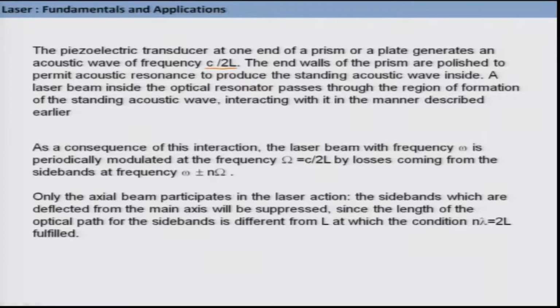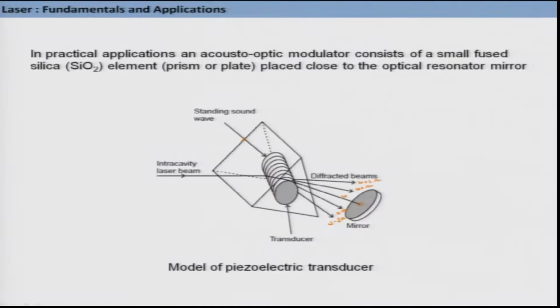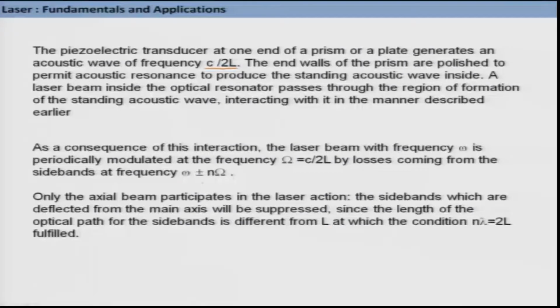Okay. A laser beam inside the optical resonator passes through the region of formation of the standing acoustic wave, as we showed in the previous slide, like this. So, this is essentially the beam which is coming from the active medium, and that will interact with this standing acoustic wave.